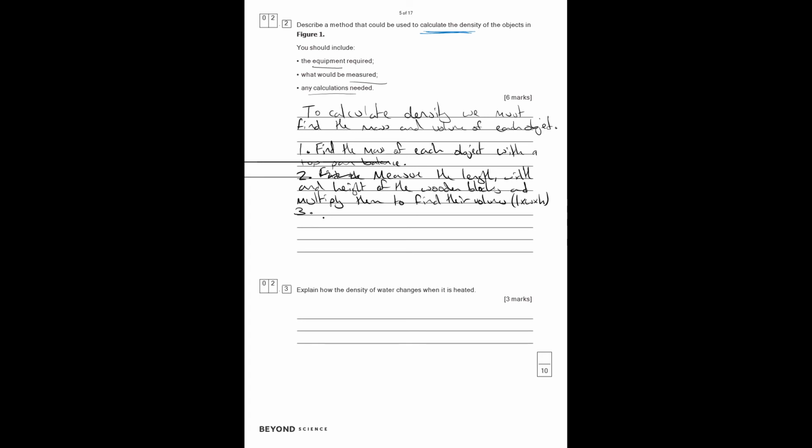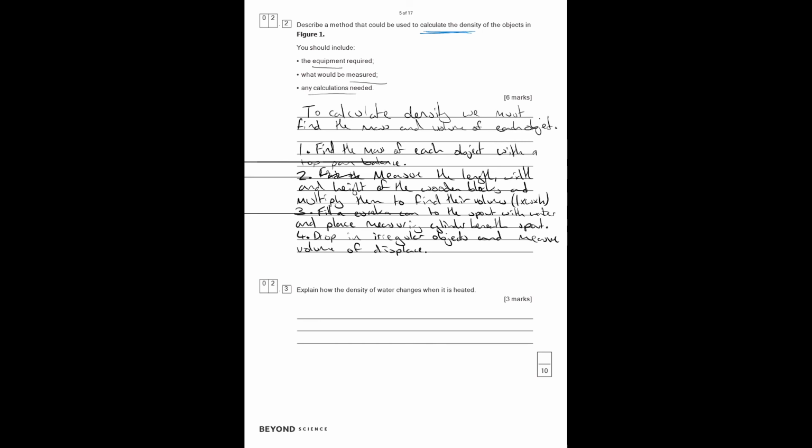So 3, let's say fill a Eureka can to the spout with water and place a measuring cylinder beneath the spout. 4, drop in the irregular objects, that's the key, and measure or record, again I should have said, the volume or read perhaps of displaced water.